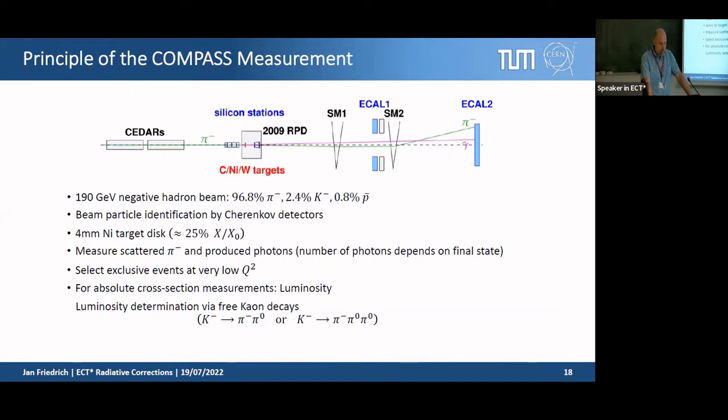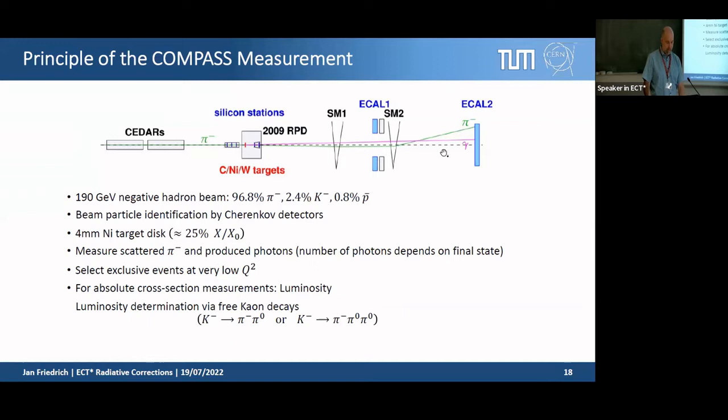A few words on this experiment. COMPASS has attacked this already quite some time ago. We took this data in 2009 with a 190 GeV hadron beam, which features the majority, about 97%, of pi minus, and those are identified in Cherenkov detectors upstream of the target, which is a nickel disk of 25% radiation length.